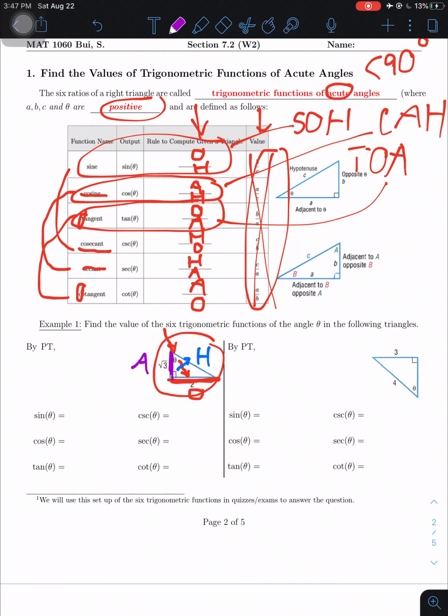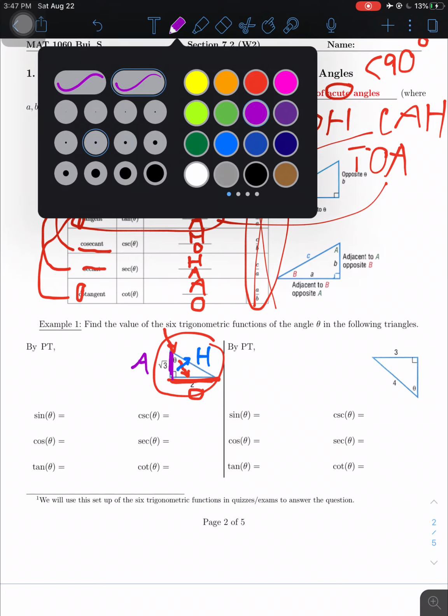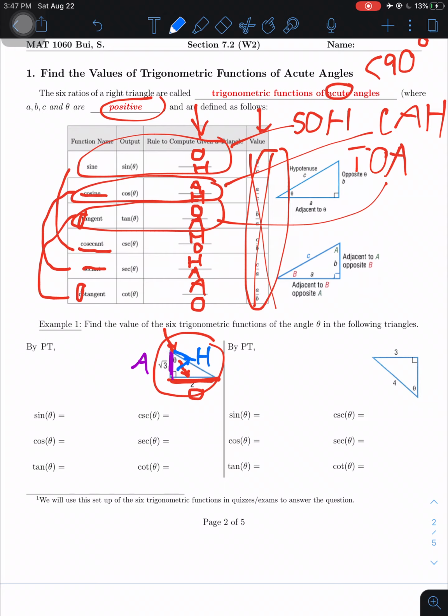Okay, what does adjacent mean in English? Adjacent in English means next to, nearby. If you notice, the purple side here lies right next to theta. And some of you may ask me, there are two sides that lie next to theta, the purple side and the blue side. How do I know which one is adjacent?